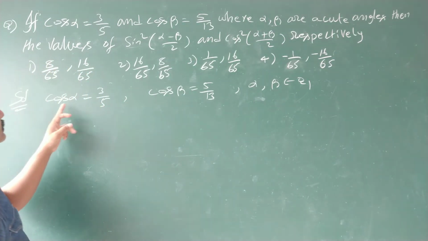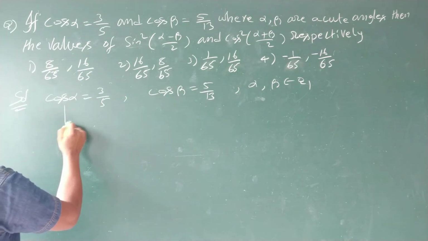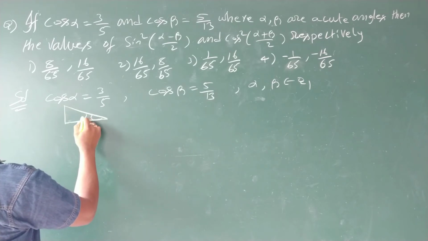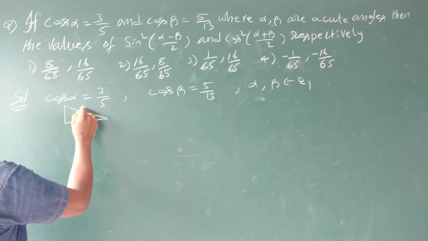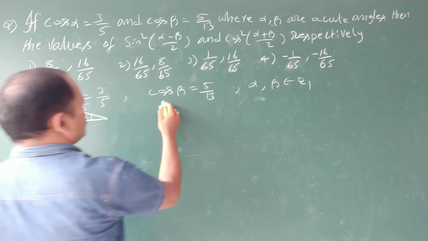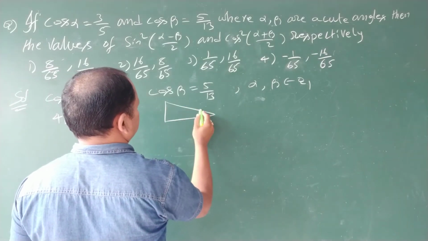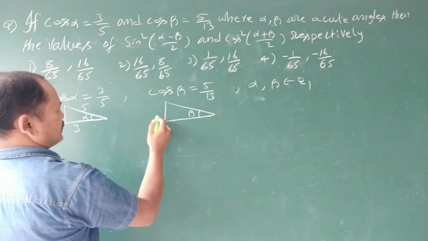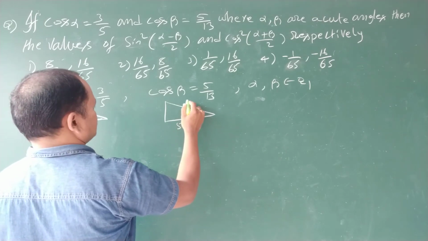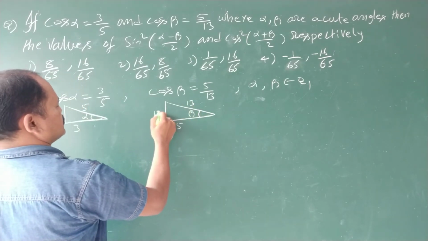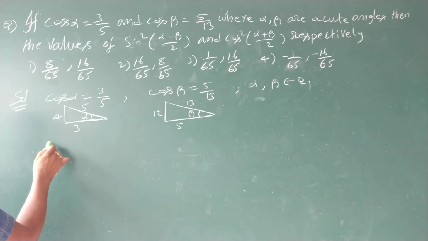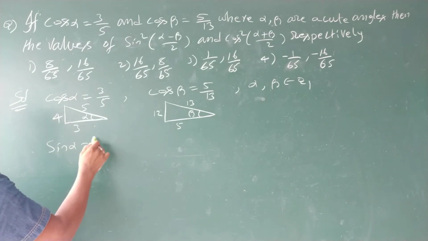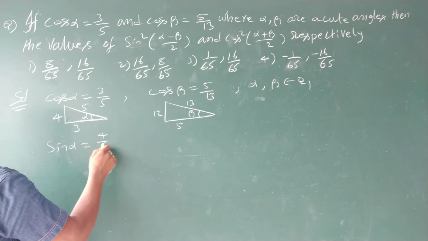Since cos alpha is 3 by 5, we take a small diagram. Here it is alpha, then it is 3, this is 5, then it is 4. Now for beta, it is 5, then it is 13, so it is 12. Now from this, sin alpha is equal to 4 by 5.